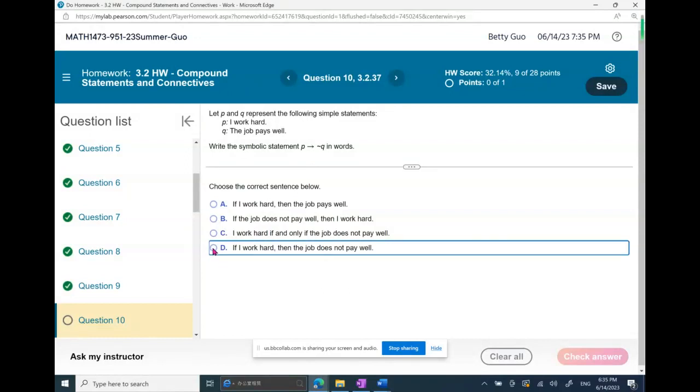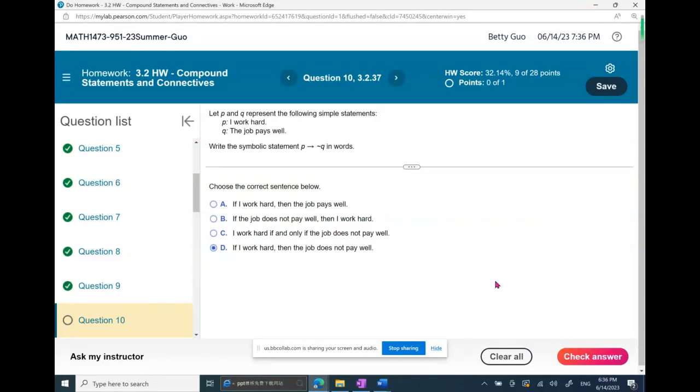Do not worry about the meaning. How come I work hard and the job does not pay well? Don't worry about the meaning. Just focus on the logic. If I work hard, so the antecedent is P, then the job does not pay well. Not Q, the negation of Q, is the consequent. All right. Any questions?